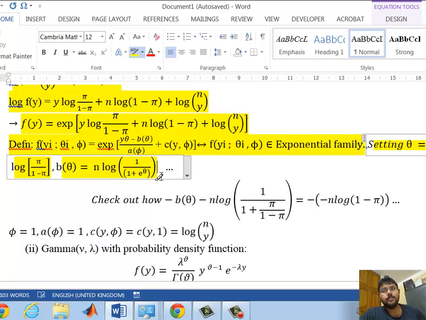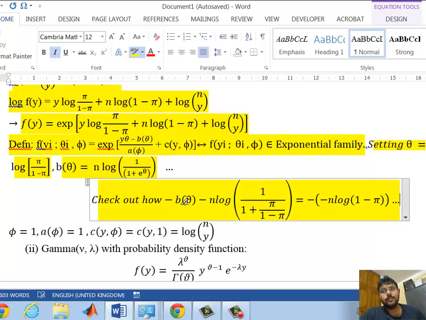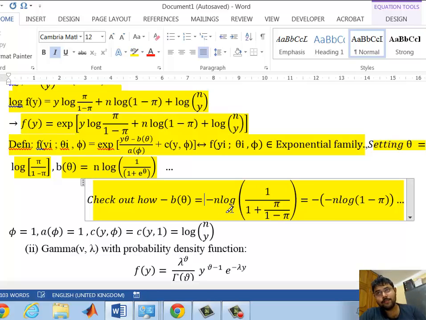B of theta equals to, so 1 minus pi, what we do here. You have to check that minus, b of theta should be equal to minus n log, n into log.